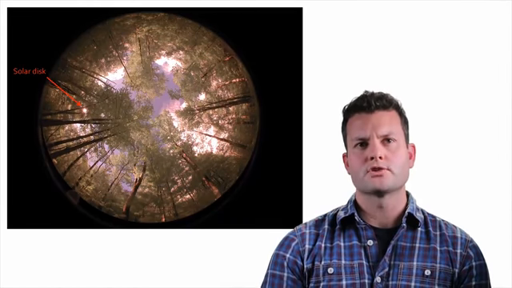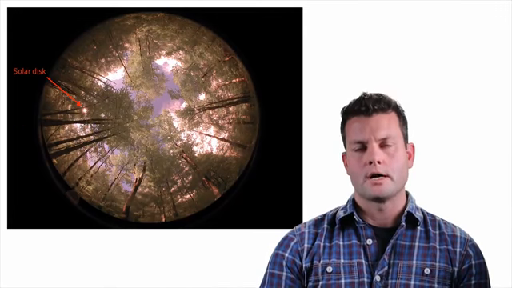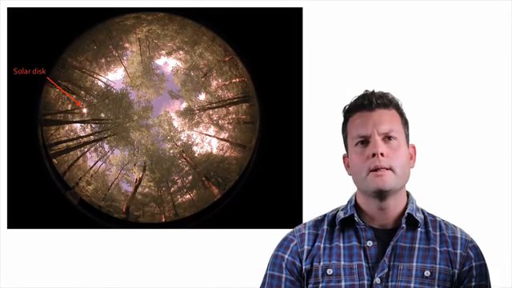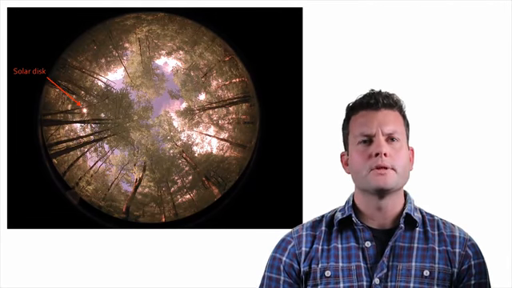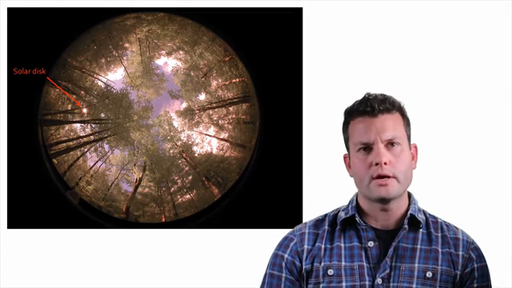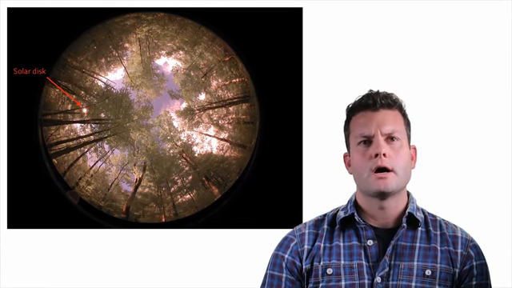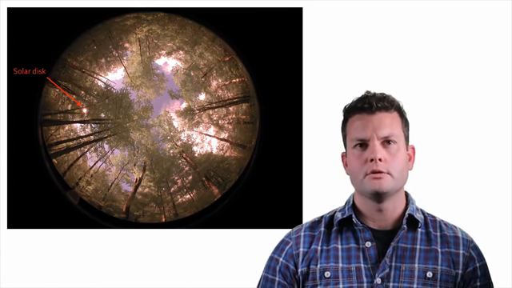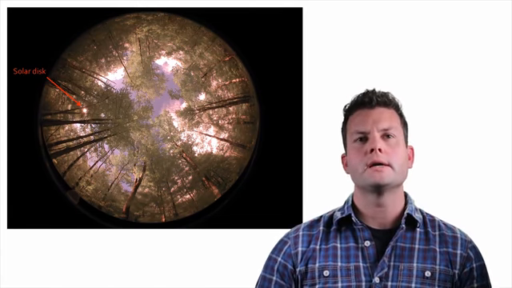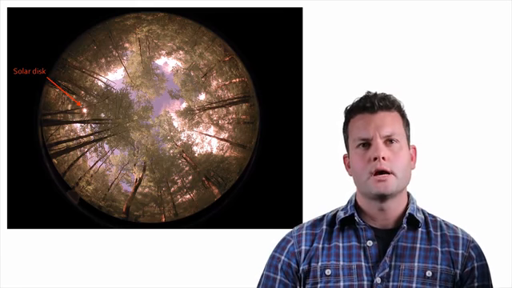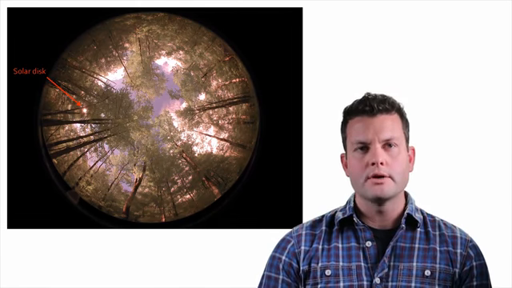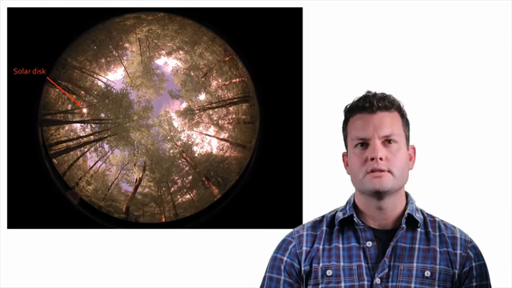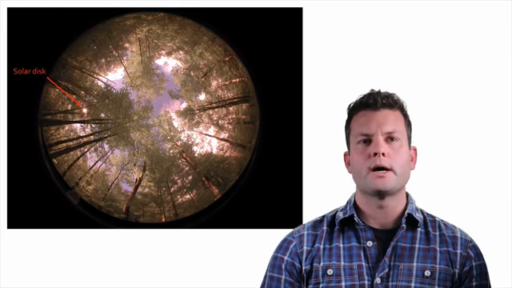But you can see that the solar disk is actually peeking through the canopy here. That's something you typically want to avoid, because right around that solar disk is a very bright spot. If we're trying to threshold the difference between the bright sky background and canopy, in that case we're going to underestimate how much canopy is there because it's a very bright spot within the image.